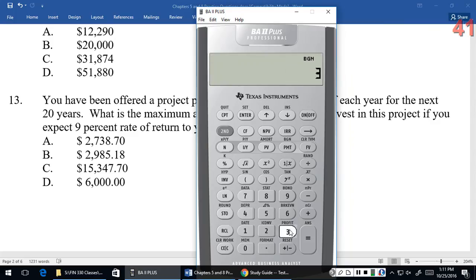Then I'll put in my 300 as my payment. 20 is my N, and 9 interest per year. Compute the present value. And that's not right. Aha. Okay. Even I forget. It's easy to forget if you don't check these things. Okay, I'm still set on 12 payments per year.